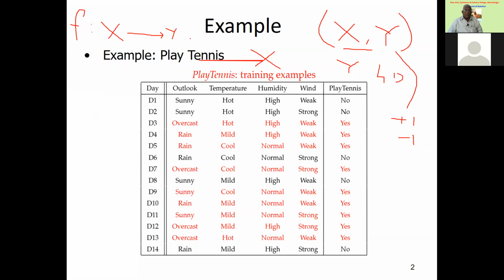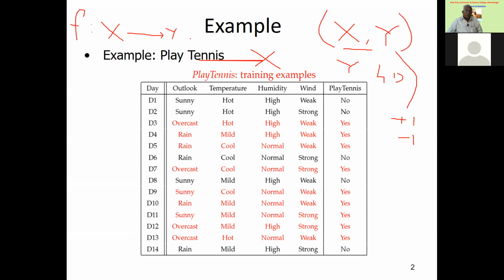So f will be the classification rule. F will be the classifier. Given the instance, you are trying to classify that instance into one of the well-defined class levels. That is the idea. Now this is historical information.